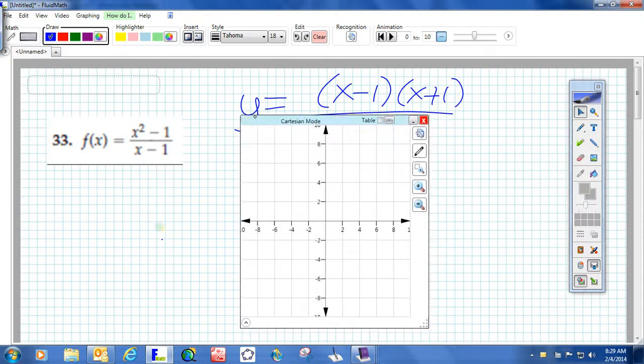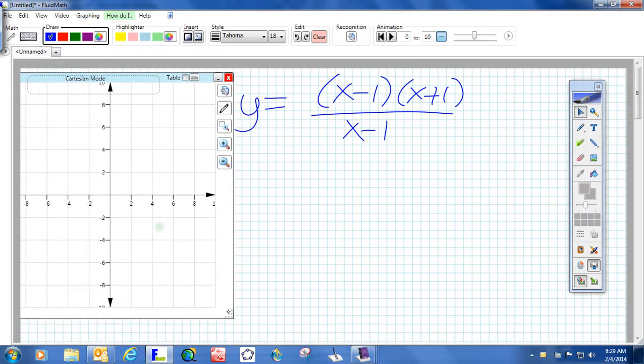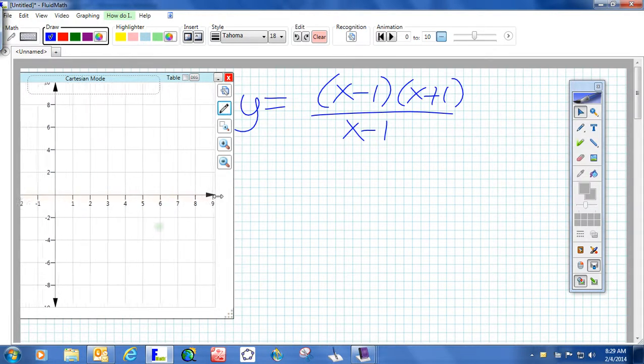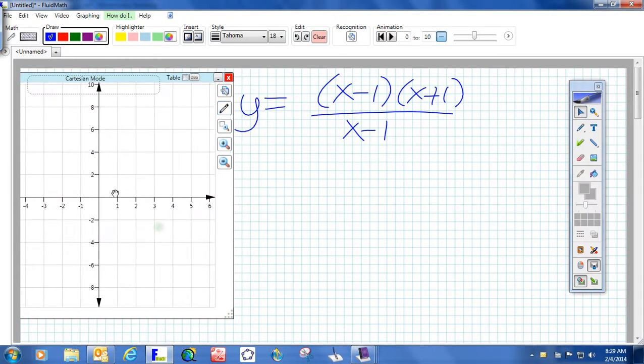So vertical asymptotes show up when the denominator is 0. At x equals 1? Yes. So somewhere at x equals 1, I'm going to have a hole in my graph. That's a good assumption. We really don't know anything else, except we know we're going to have a hole there.